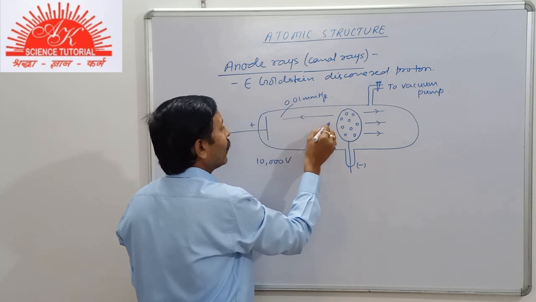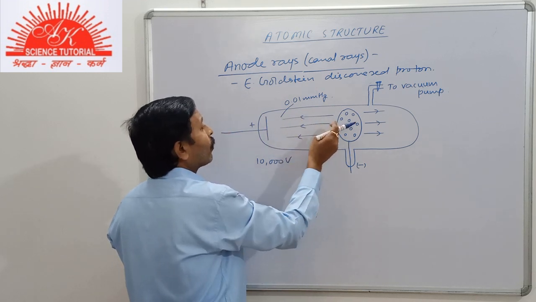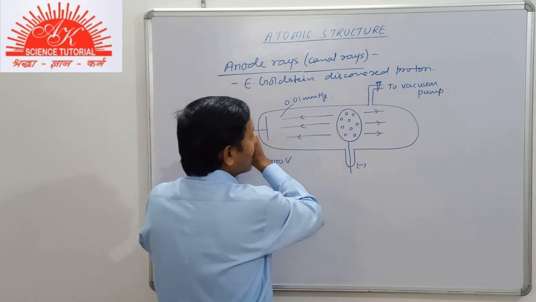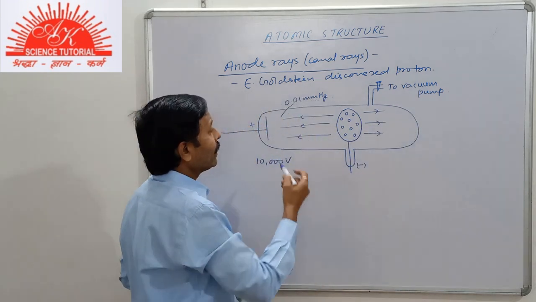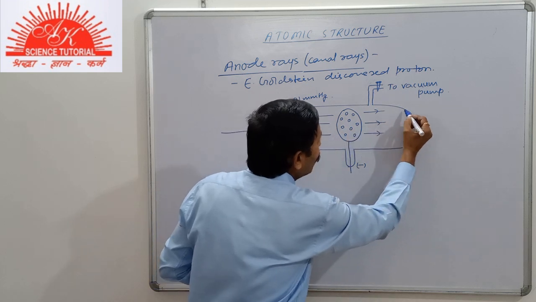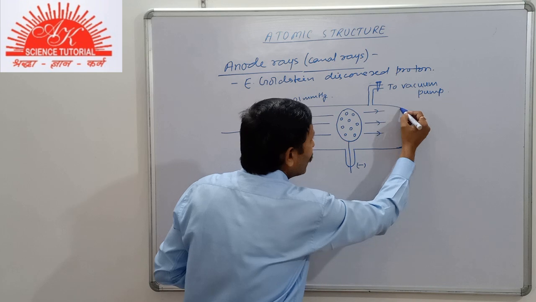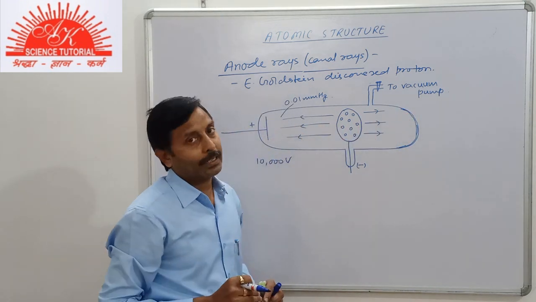Some rays were traveling from the cathode towards the anode, that was the cathode ray, but some rays were also reaching behind the cathode plate, coming from the anode towards the cathode, where they produced fluorescence on the zinc sulfide glass screen.